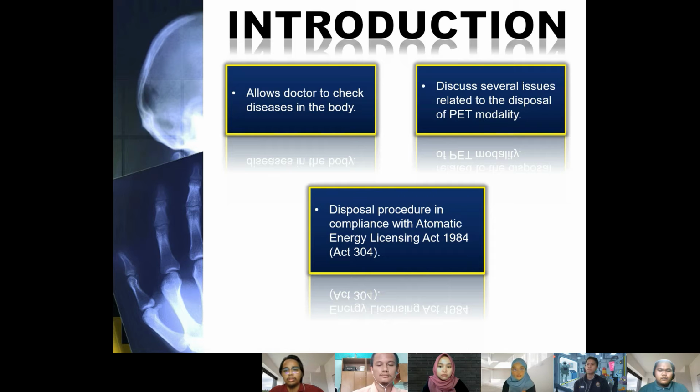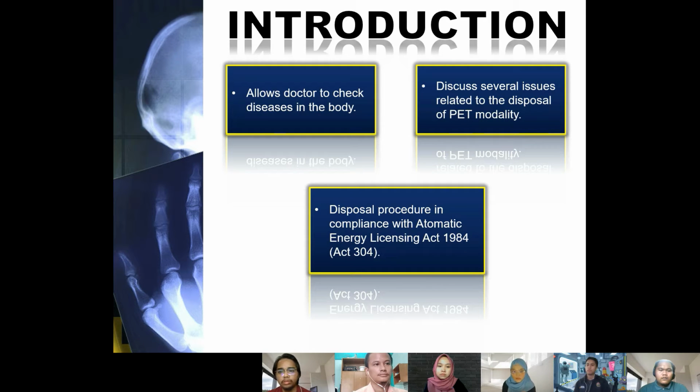In this hour's meeting, we will discuss the appropriate disposal procedure of the PET scan and the compliance issues related to disposal of the PET modality under Act 304, and this will be analyzed accurately to determine the most appropriate way to dispose of the PET modality that complies with the Atomic Energy Licensing Act 304.